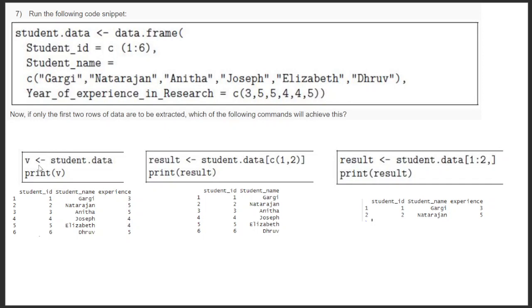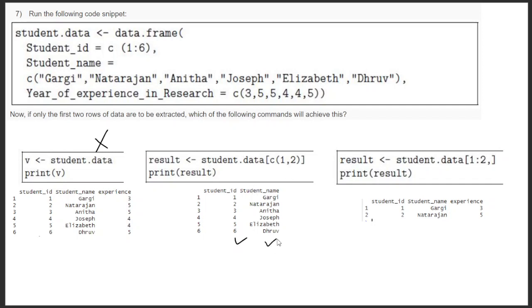Once we assign these values to the student data, and if we print, we will get everything, all the details, starting from student ID, student name, and experience. So this is not the required code. Then result equals student.data[c(1, 2)], print result means it will print the first two columns.